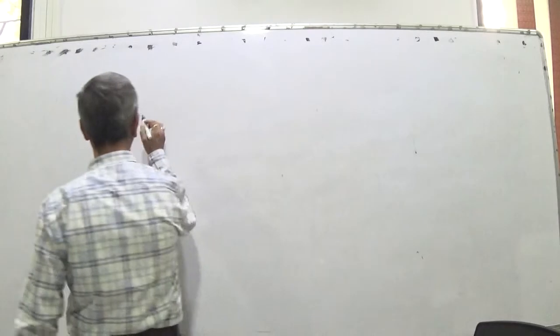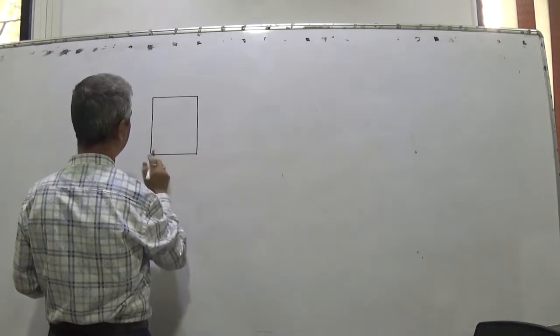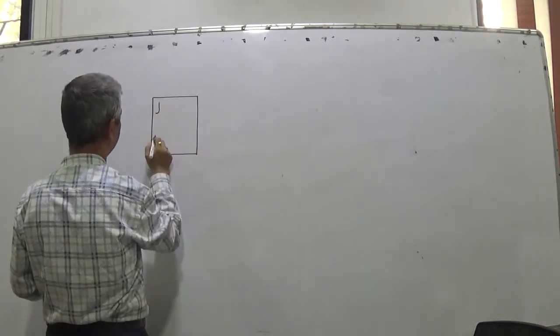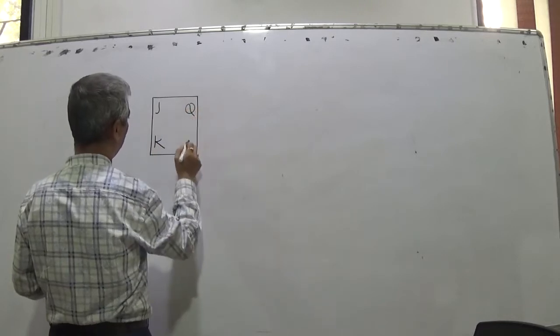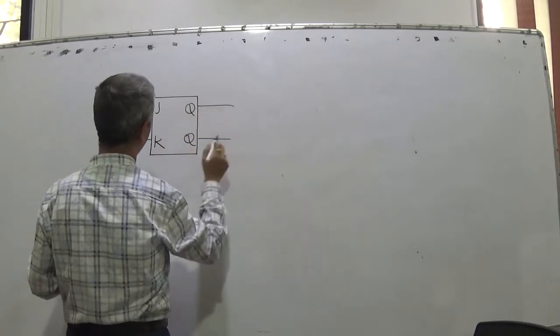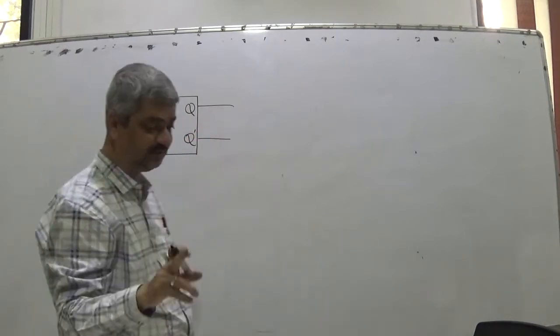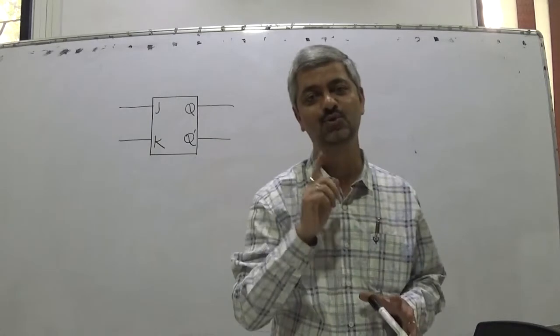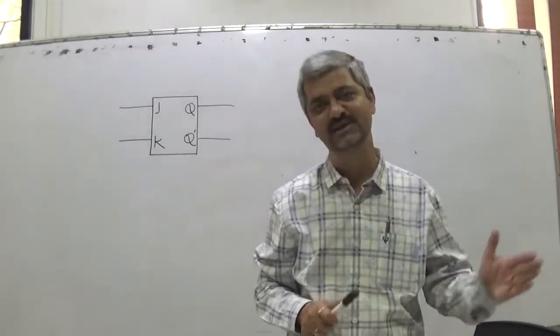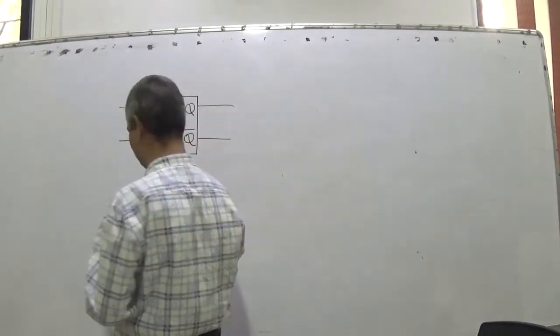So we are having a JK flip-flop: J, K, Q and Q bar. Now I have specifically said it is Q dash and not Q bar, but normally it is uttered as Q bar, so we may say Q bar.